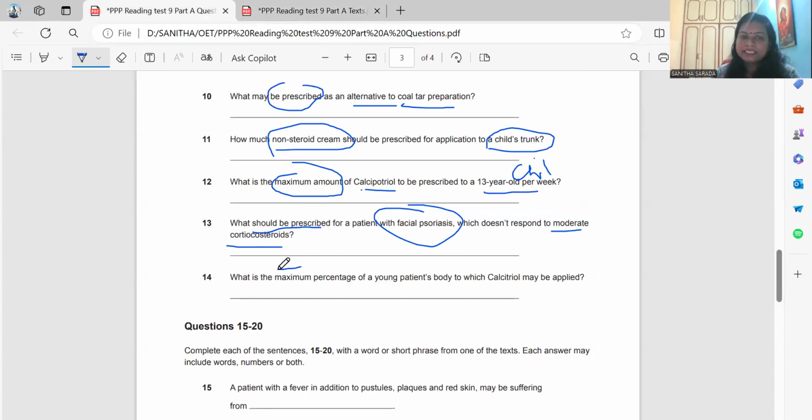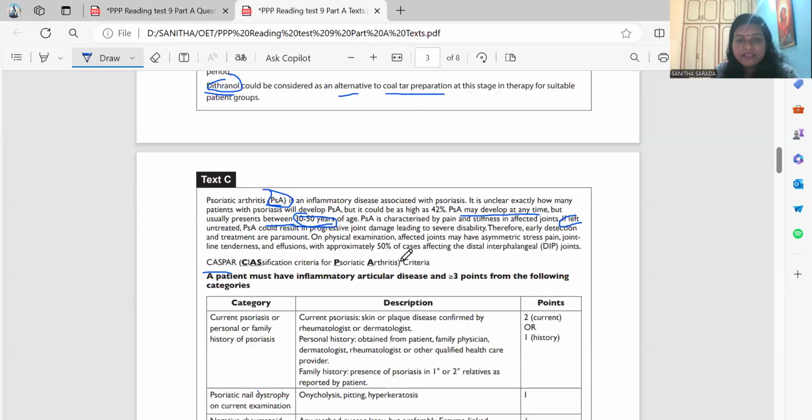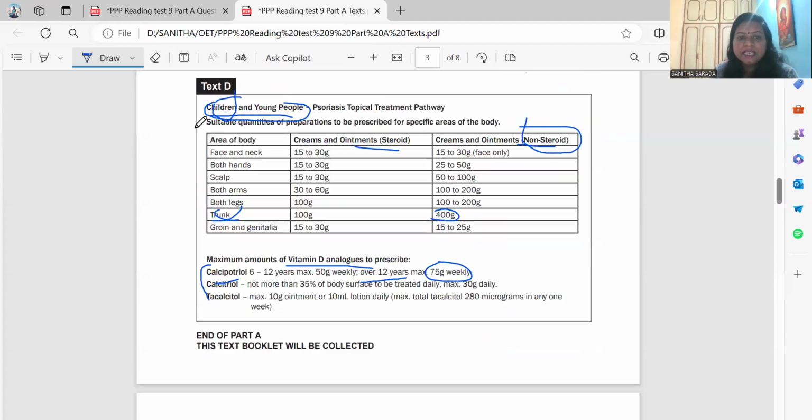What is the maximum percentage? They are asking the percentage for a young patient, so young children. But definitely your answer is there, and we already know what percentages it is saying.